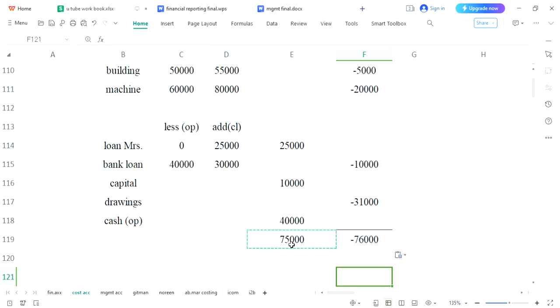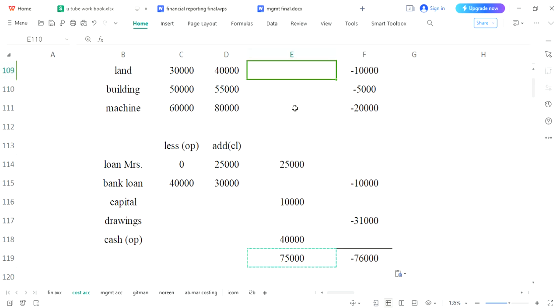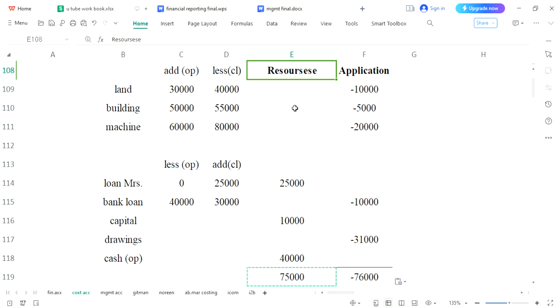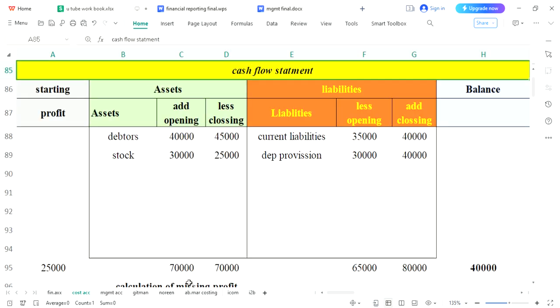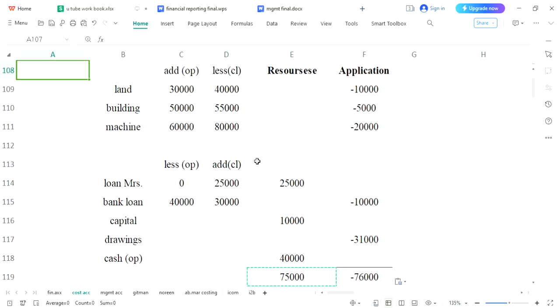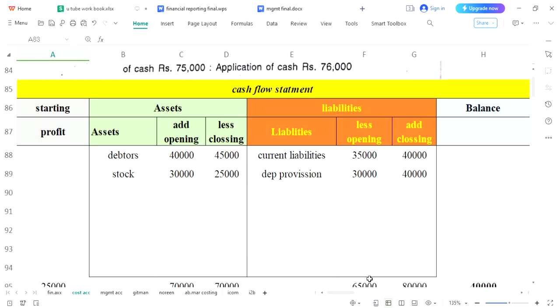Alright guys, so this is your total resources, 75,000, and look here, sources 75,000. So we have got all the resources, the sum of which is 75,000. Now applications, that means cash is going out, minus 76,000. So here application of cash, 76,000, you have calculated.